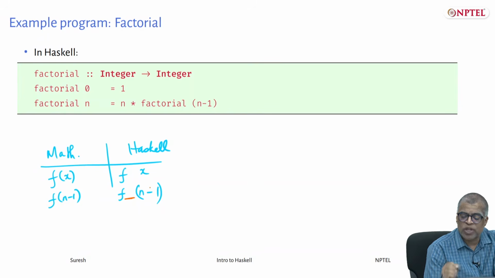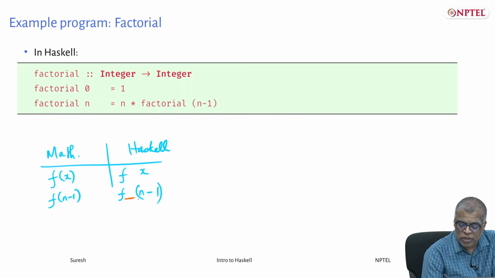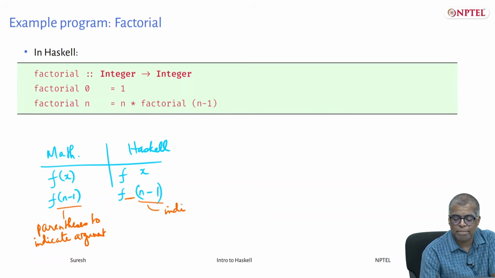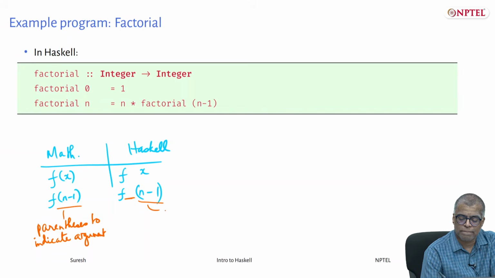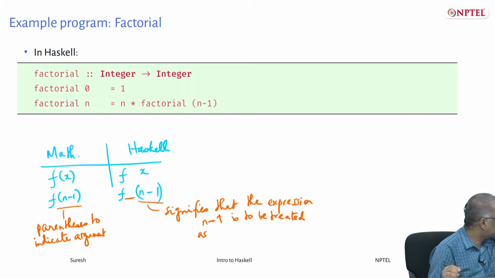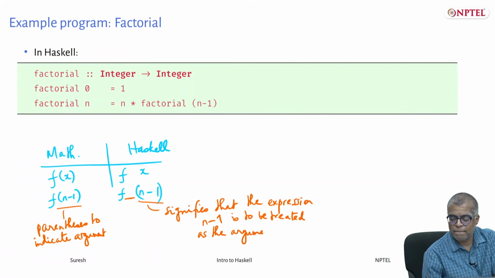And this n minus 1 is put inside parentheses not because it is an argument in the mathematical sense, but because the parentheses indicate grouping.